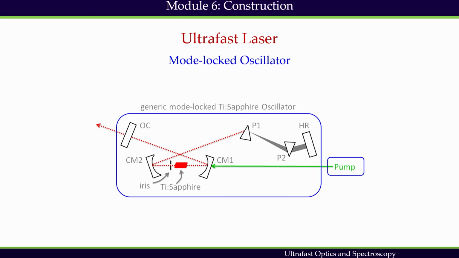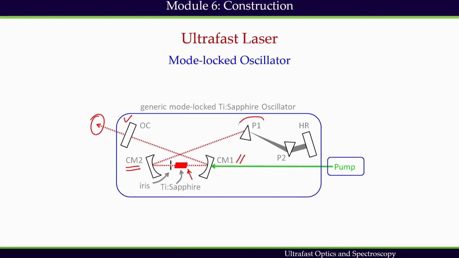We have the gain medium, Ti:sapphire gain medium. We have an optical cavity composed of two mirrors, CM1 and CM2, and we have an output coupler with less than 100% reflectivity. This is the output of the beam.